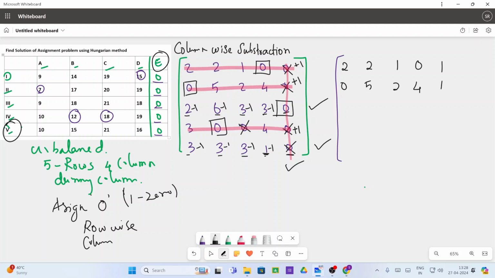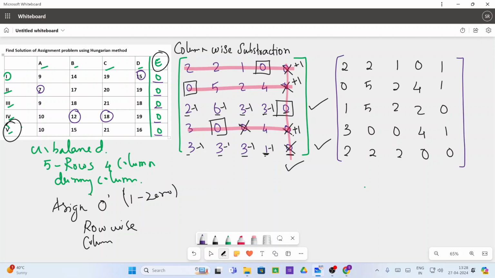This 2 minus 1 is 1, and this is going to be 5, and this is 2, 2, and 0. The next is the same 3, 0, 0, 4, and this is the intersection point, so we add 1. And this is 2, 2, 2, 0, and 0. So this is going to be our new table.